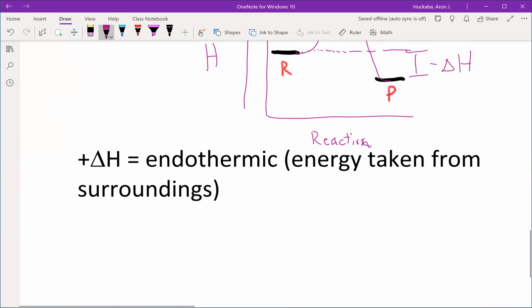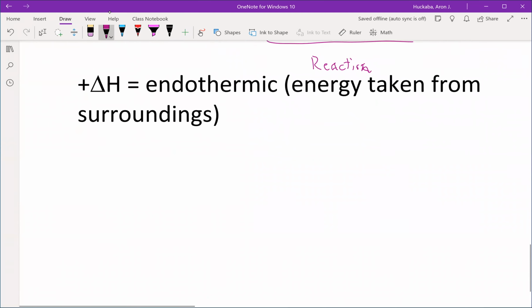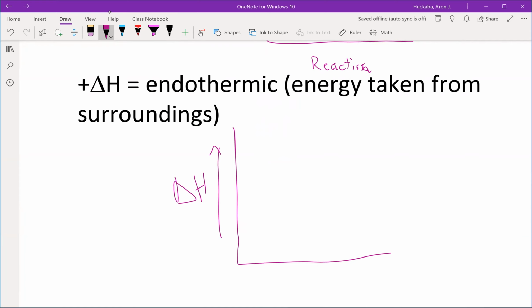And the same thing for endothermic. We can make a chart with H here going up. Then the reaction on the bottom. We have the reactants again, but this time the products are higher in energy than the reactants.